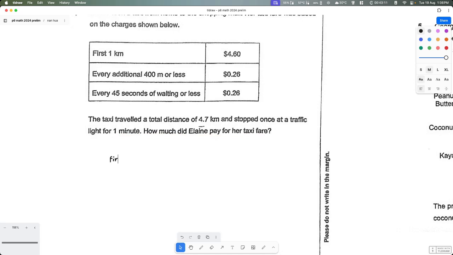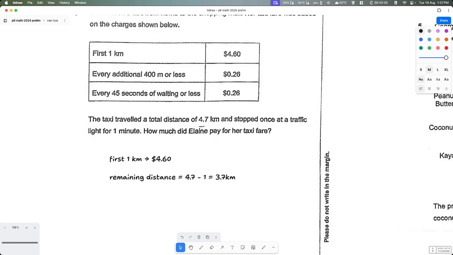We know that the first 1 kilometer is $4.60. So the remaining distance is 4.7 minus 1, which equals 3.7 kilometers.